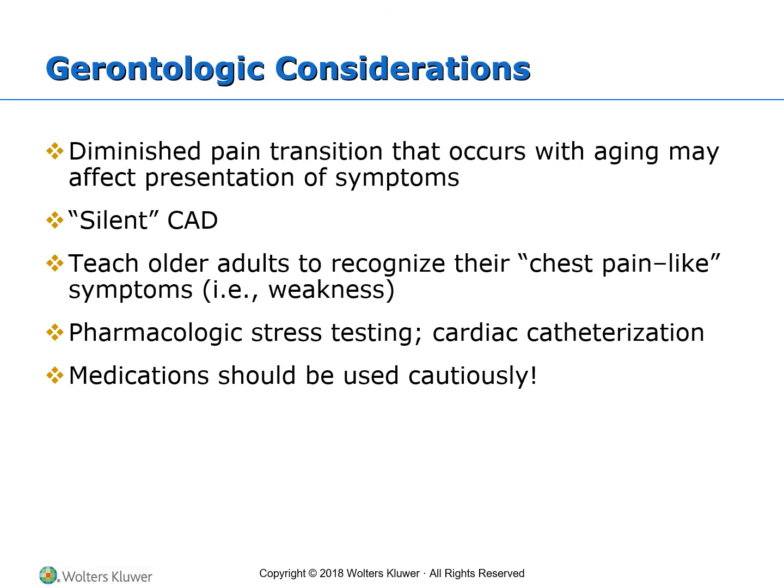They can have cardiac cath to see what's going on, and they can have a pharmacological stress test instead of doing the stress test where they're actually active. And because they are older, they don't metabolize medications as quickly, so that needs to be implemented cautiously and at a lower dose if you're going to start medications.